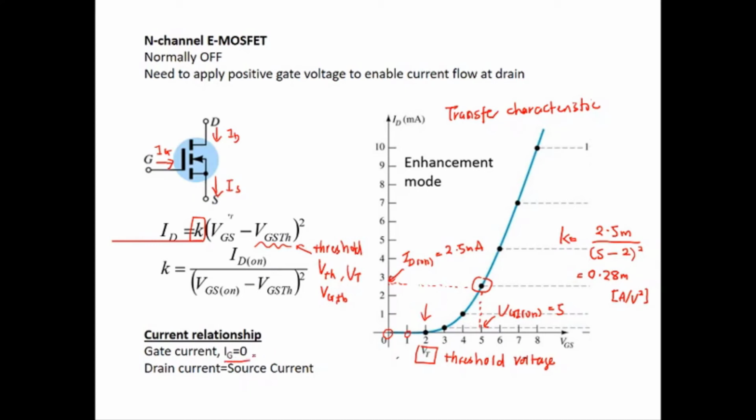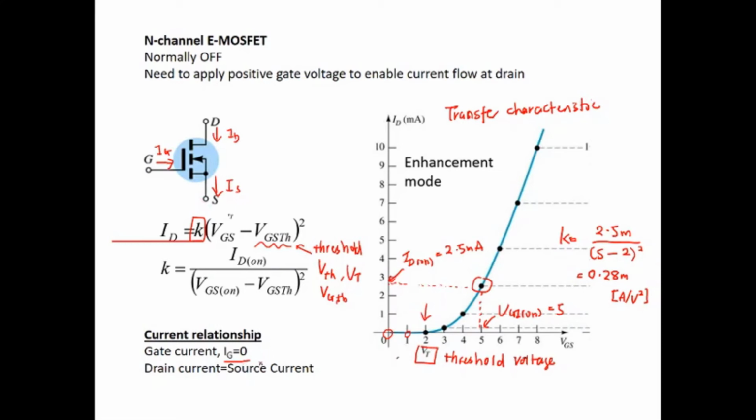So why is the gate current always 0? Because between the gate terminal and the source and drain, it is isolated by an insulator inside the MOS structure. So we have oxide in the middle, between metal and semiconductor. Oxide will block the DC current.